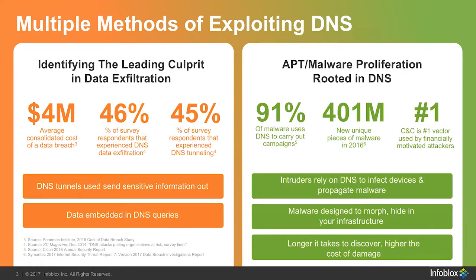Data exfiltration: preventing the bad guys from overloading DNS queries to take confidential information off of your network over time. The second area that we focus on is APTs and malware, zero-day attacks, malware proliferation, the spread of malware across your network, the infections of hosts, the costly time to remediate these threats.